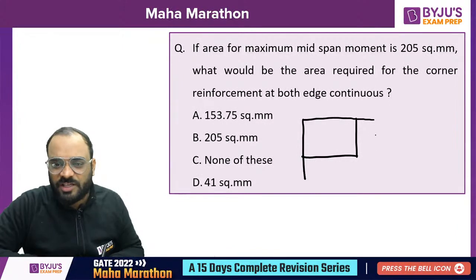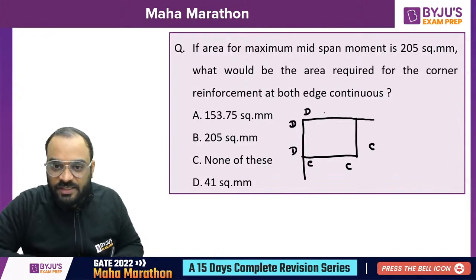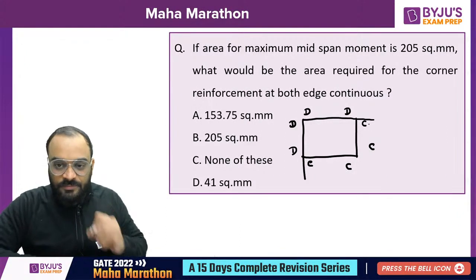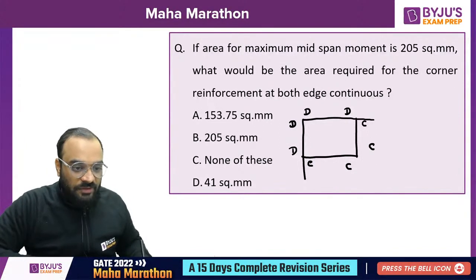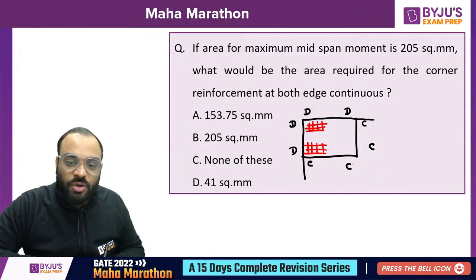Why C? Let me explain it. Guys, this end is what? Continuous edge. This one is continuous edge. This one is discontinuous, continuous, discontinuous, discontinuous, discontinuous, continuous. When you have both edge discontinuous, then you need to provide the torsion reinforcement. One edge discontinuous, other is continuous, then again you need to provide the torsion reinforcement.